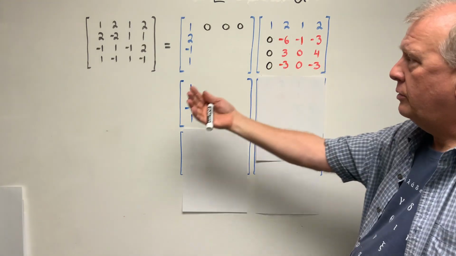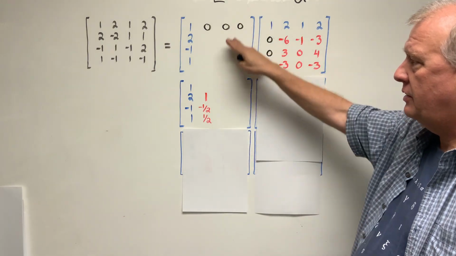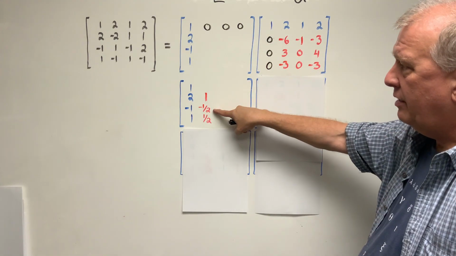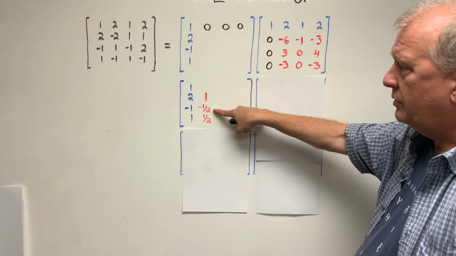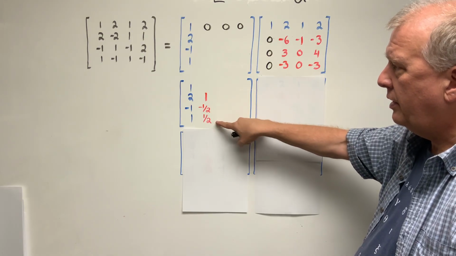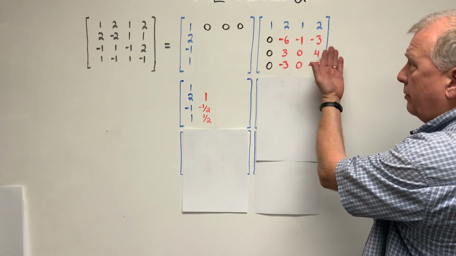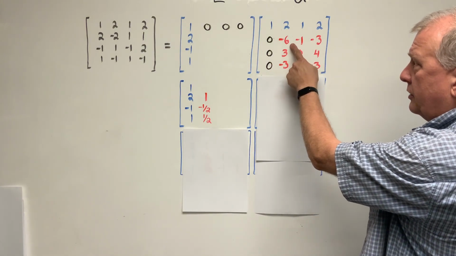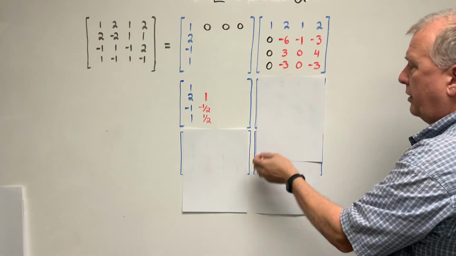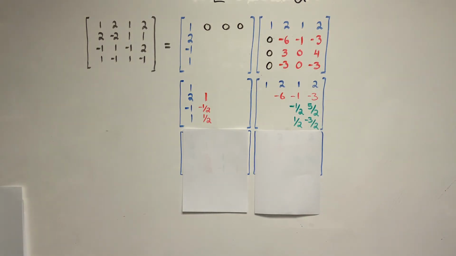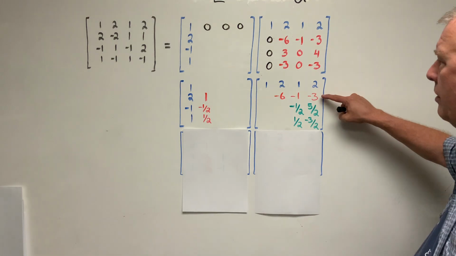But when I bring those elementary row operations over to this side to record an L, that means I'm inverting the elementary row operations. This will put a minus 1 half and a 1 half here. Across the top, as I do the LU decomposition, I just keep the minus 6, minus 1, and minus 3. These are the red numbers you see.